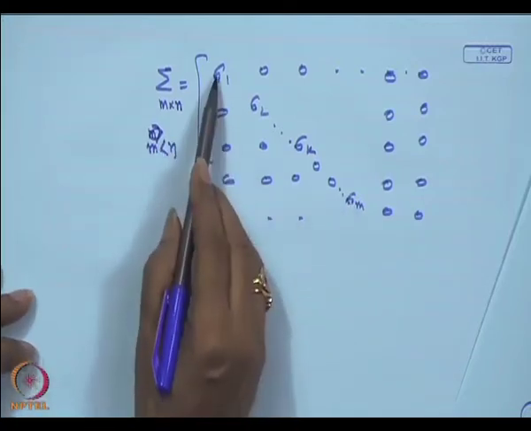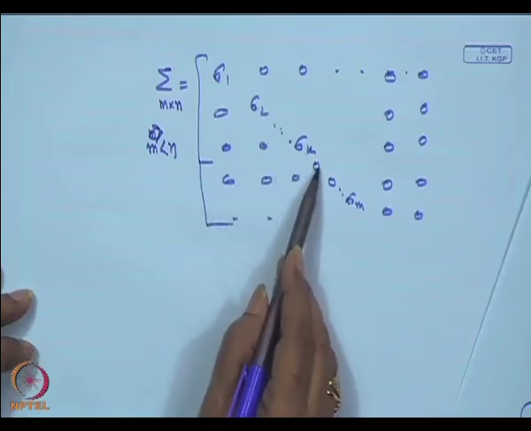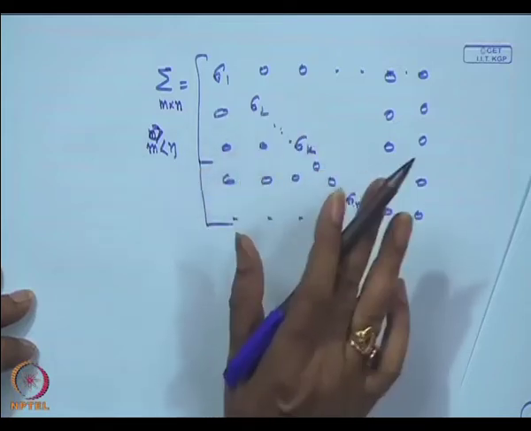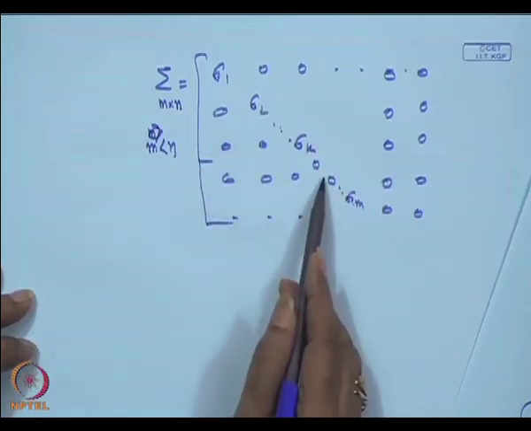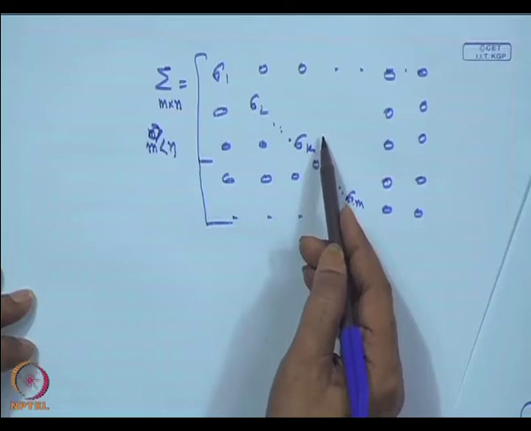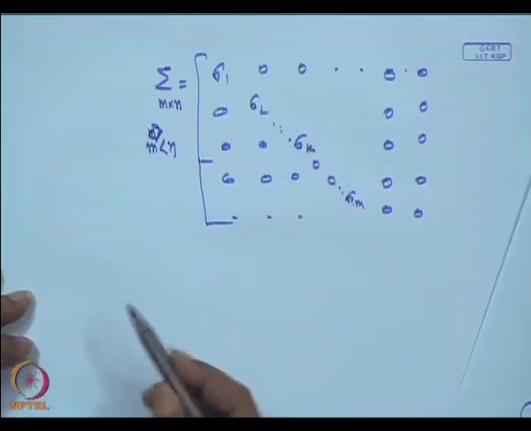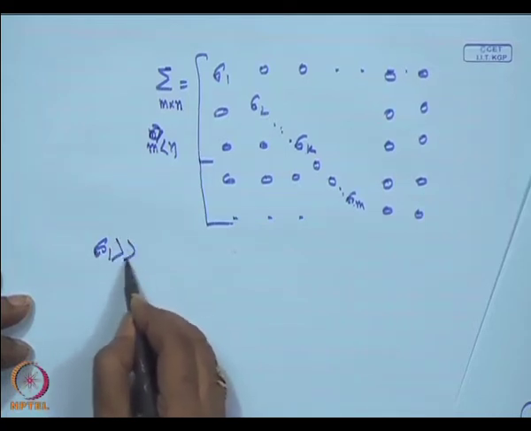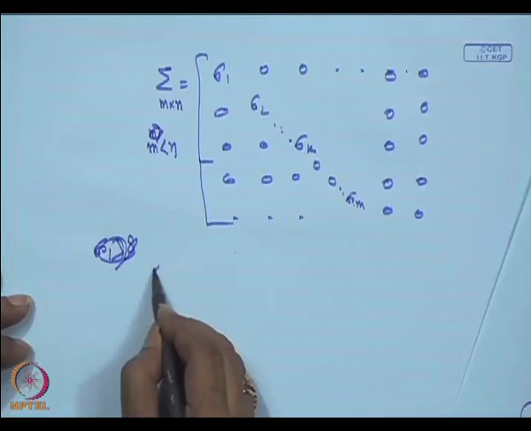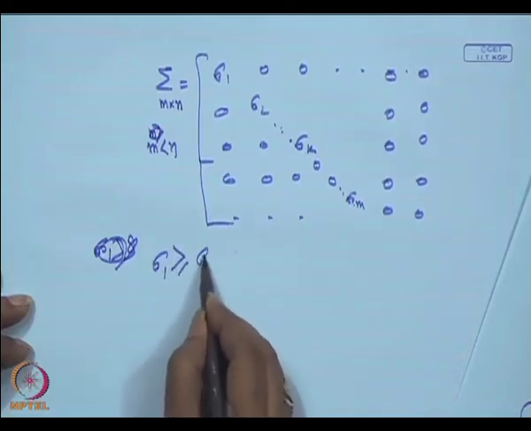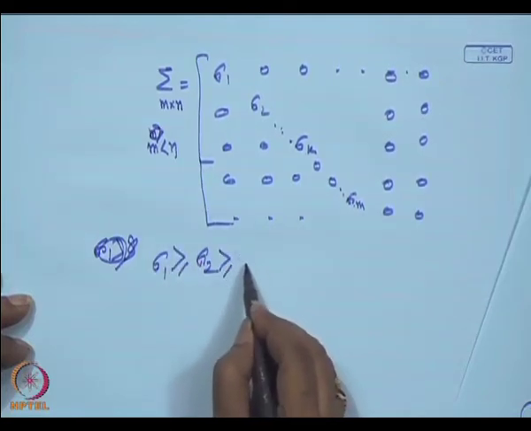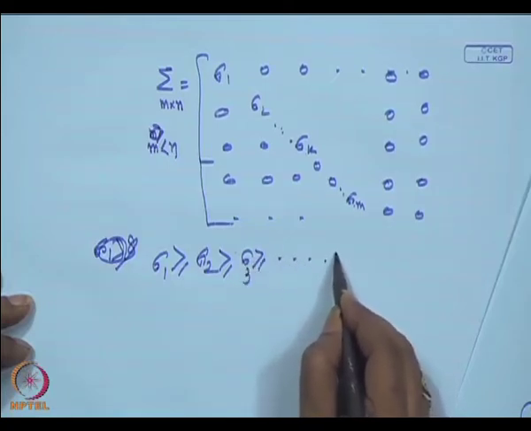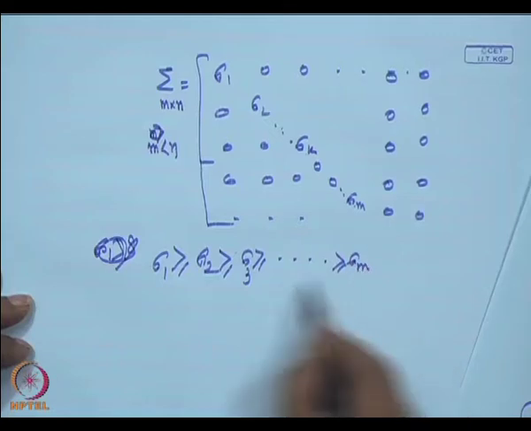Sigma 1, sigma 2, sigma 3, up to sigma k, after that up to m may be distinct non-zero; some of them may be 0. So, in general they are rearranged this way: sigma 1 greater than or equal to sigma 2 greater than or equal to sigma 3, and so on, down to sigma m.